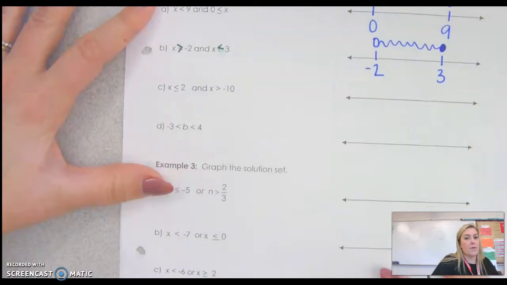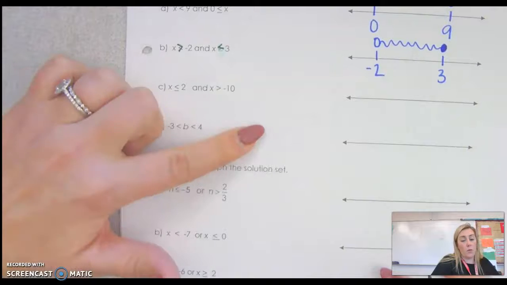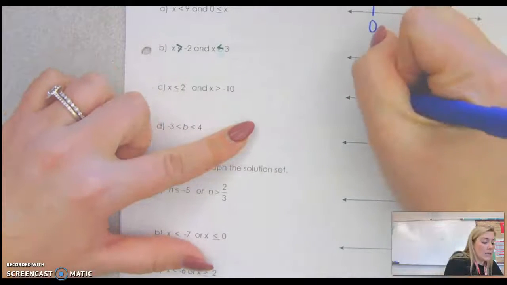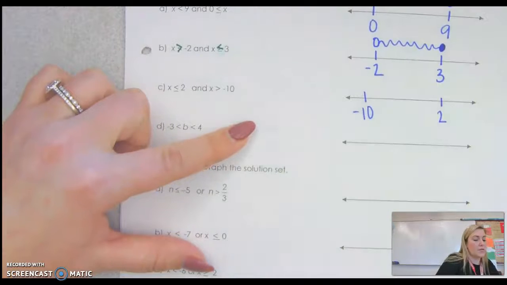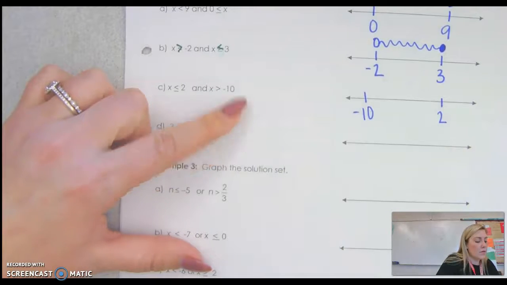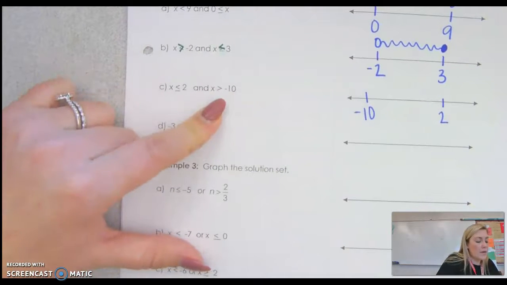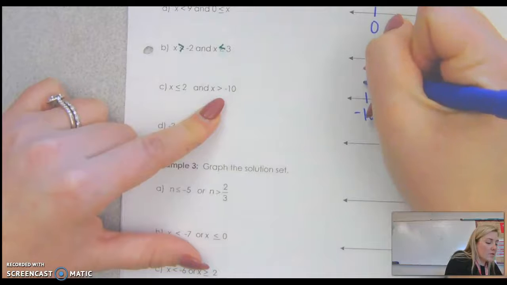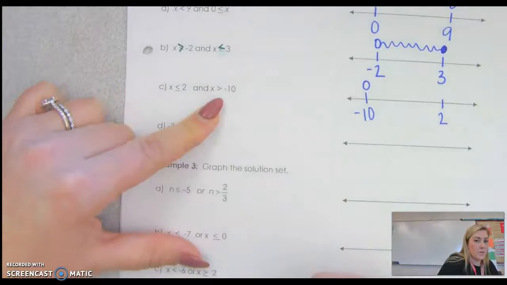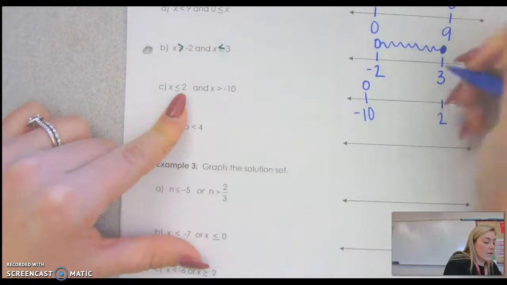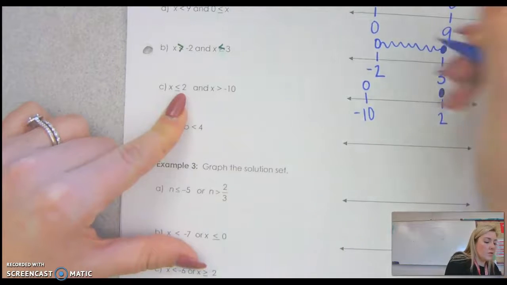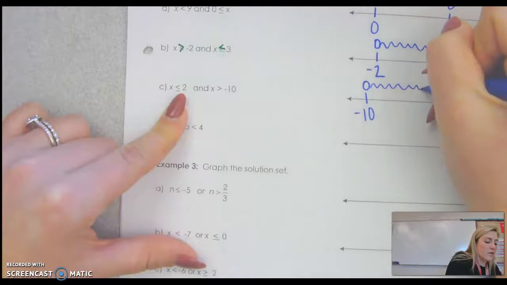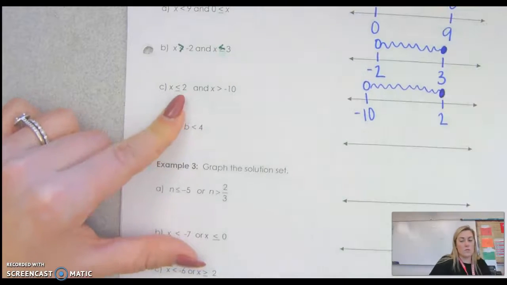C, this one's a little tricky because which one's smaller, 2 or -10? The -10 goes on the left and the 2 goes on the right. -10 is a greater than, so it gets an open circle. 2 is a less than or equal to, so it gets a closed circle. And then you shade in the middle.